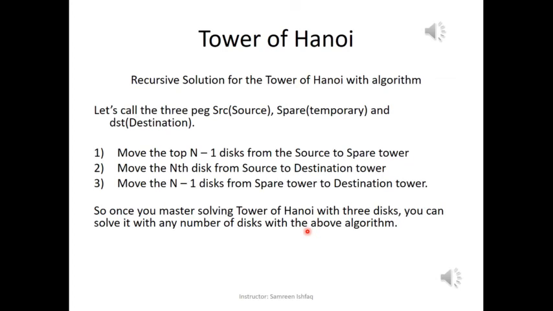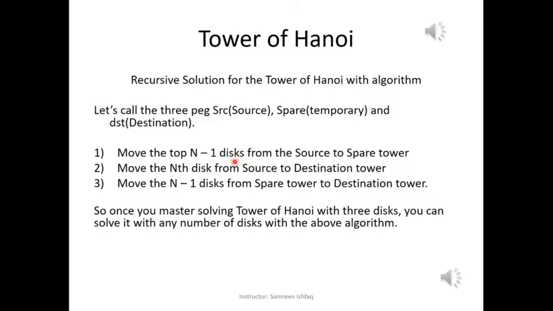So here is the recursive solution of the Tower of Hanoi algorithm. If I need to move 4 disks from tower A or source tower to destination tower, then what should be the solution? First, I need to move the largest disk from source to destination, but the largest disk is at the bottom.